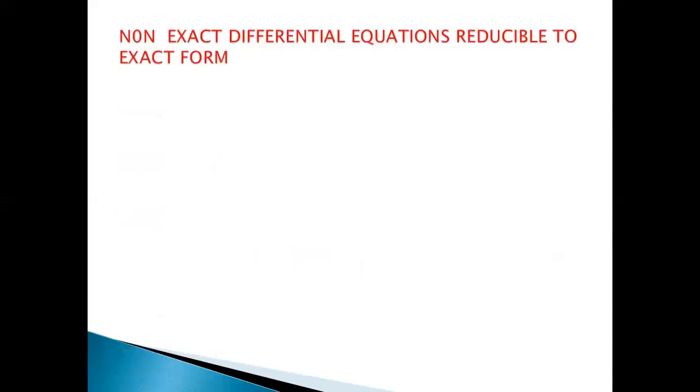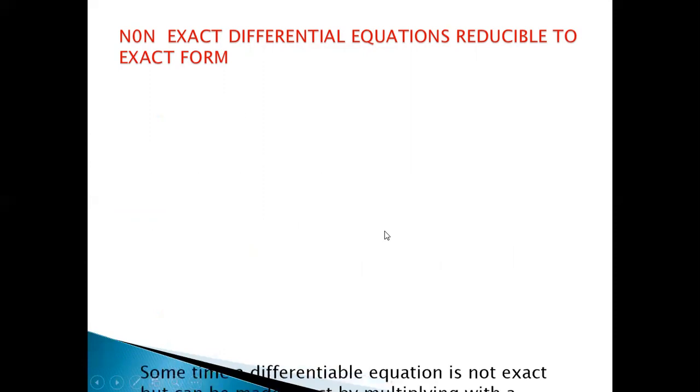Now, non-exact differential equation reducible to exact form. If we are given a non-exact differential equation, what do we have to do? First we have to convert it into the exact form.